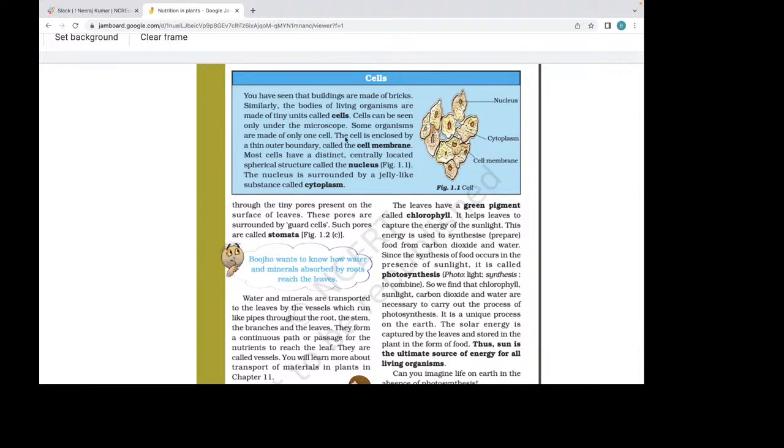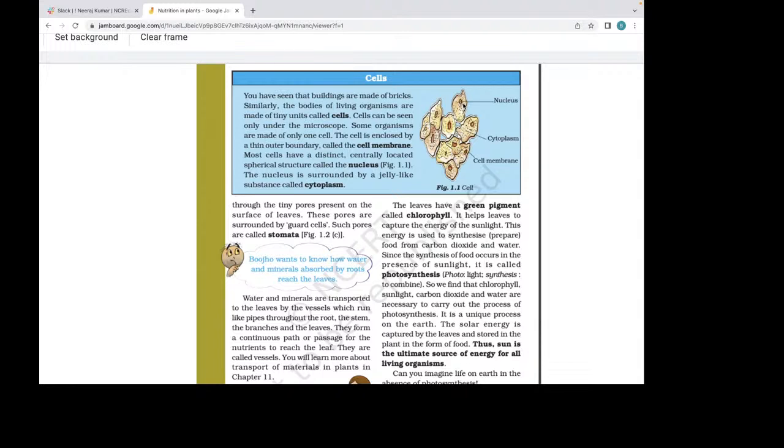Now, the cell is enclosed by a thin outer boundary called the cell membrane. Here you can see it in the diagram. Most cells have a distinct centrally located spherical structure called the nucleus.